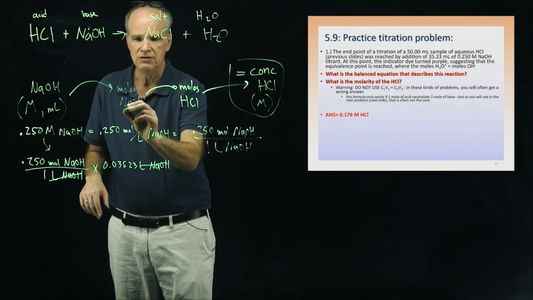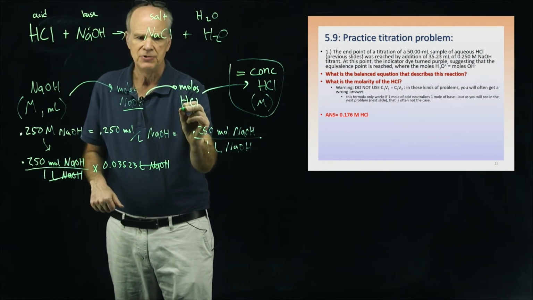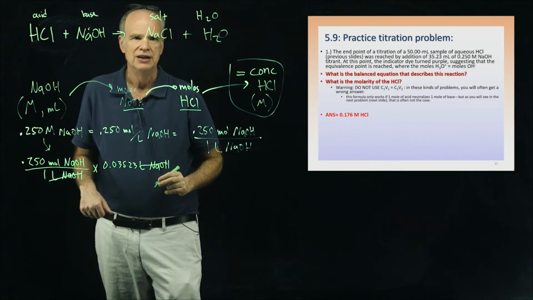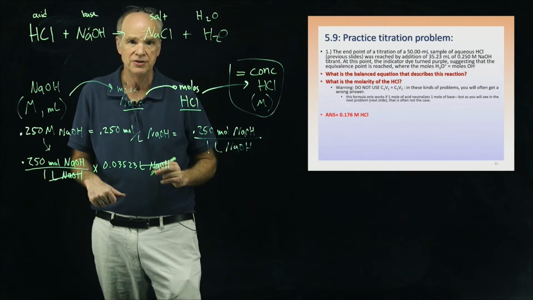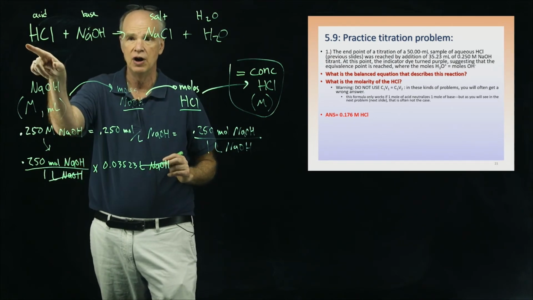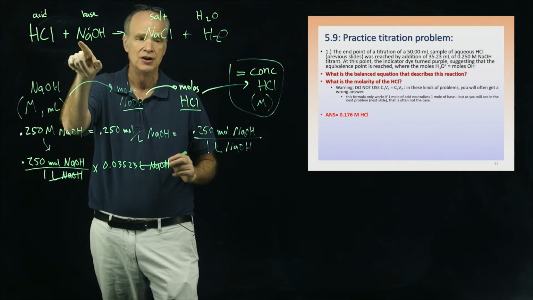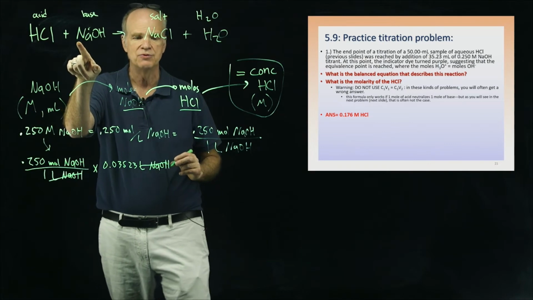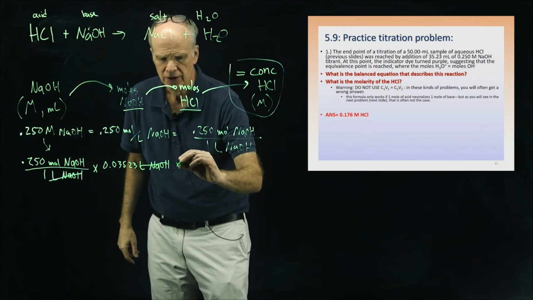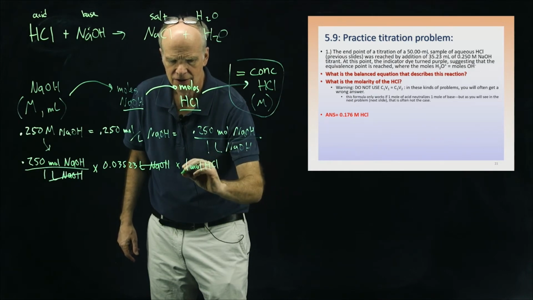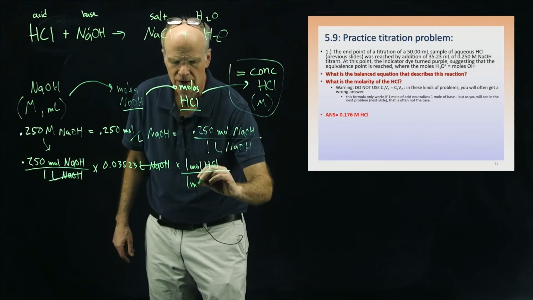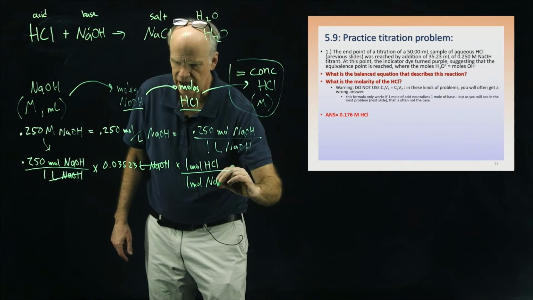So we're now here. The next step is to get it into moles of HCl. To do that, we refer to the balanced equation, which tells us that for every 1 mole of HCl that reacts, 1 mole of NaOH will react with it. So I'm going to write times 1 mole of HCl over 1 mole of NaOH.